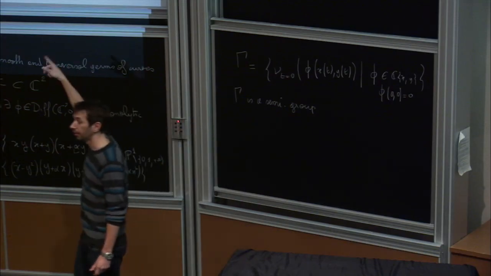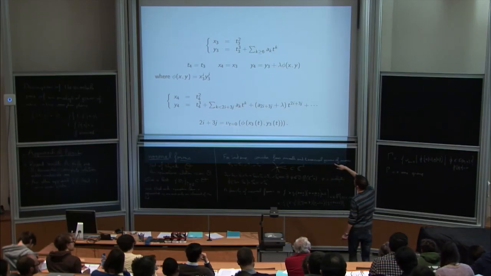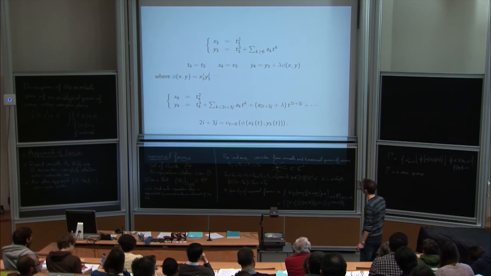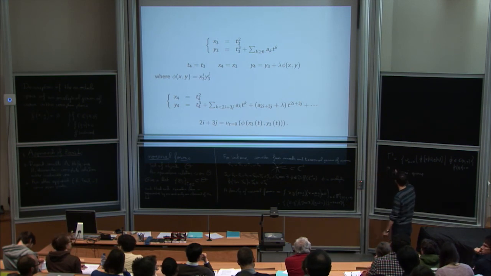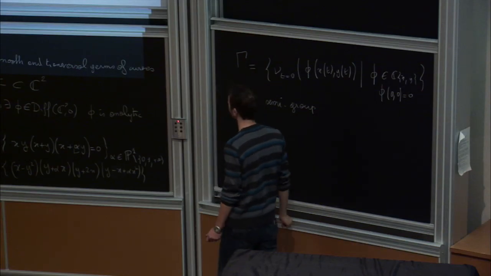Using this kind of change of coordinates, you can see that you can, at least formally, eliminate any coefficient in the previous series whose power belongs to this set gamma.